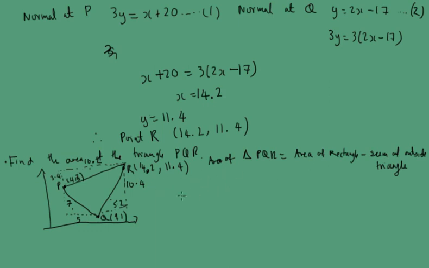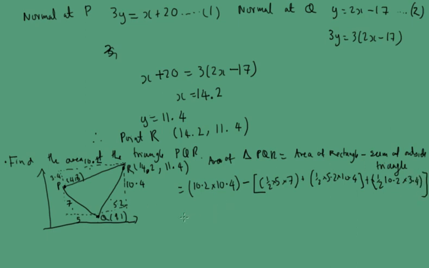So the area of the triangle is 10.2 times 10.4, minus, the first one is going to be a half times 5 times 7, plus a half times 5.2 times 10.4, add half times 10.2 times 3.4.